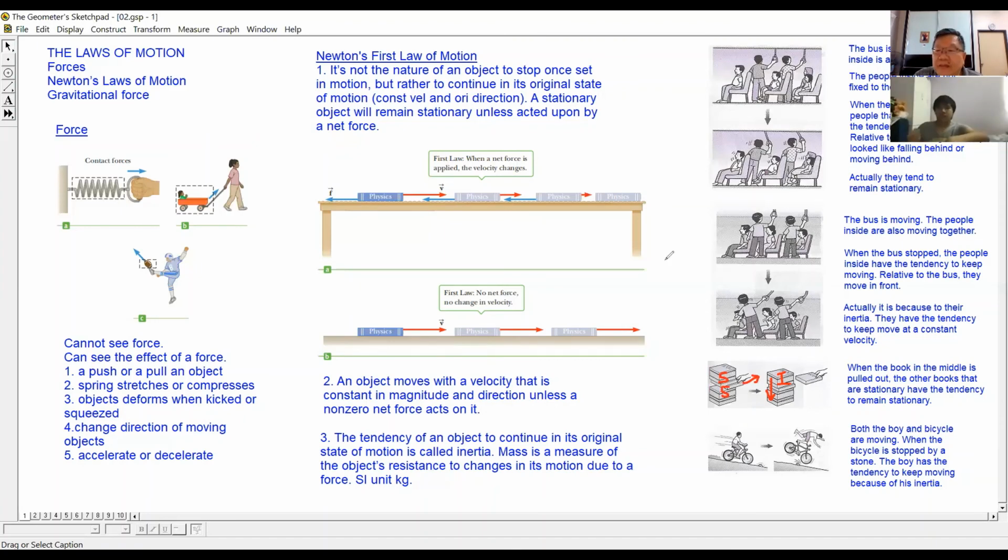The boy keeps moving forward because the boy has inertia. The law of inertia says when it is moving, it will continue to move. So this boy continues to move. So this is the law of inertia.